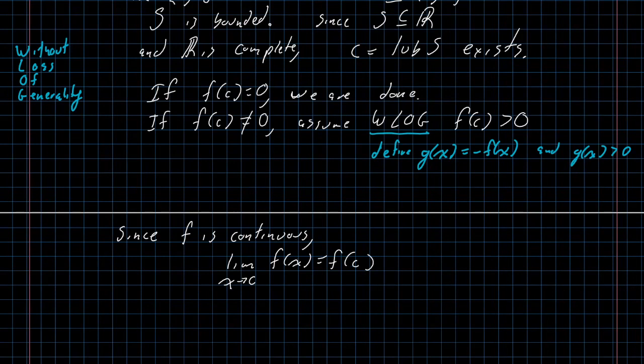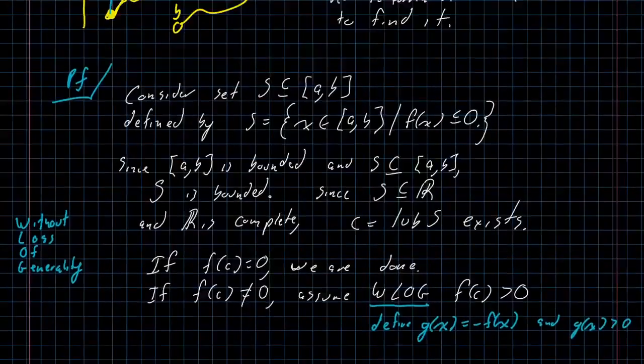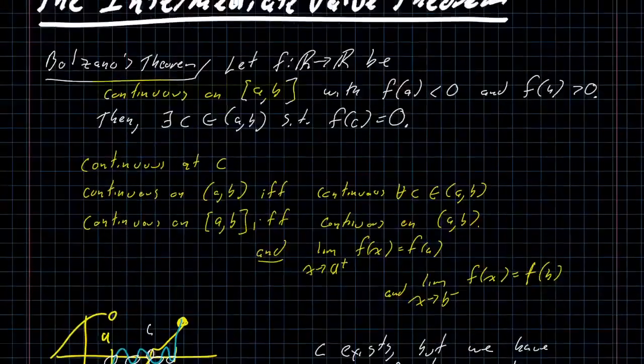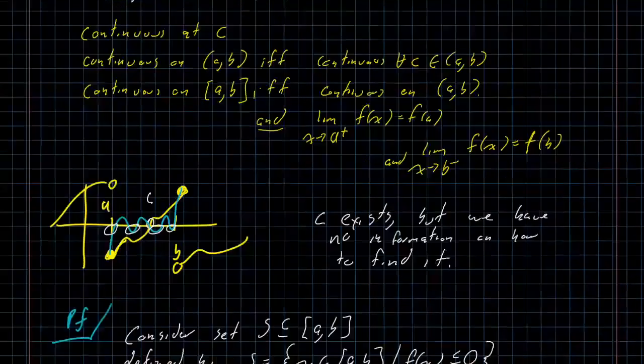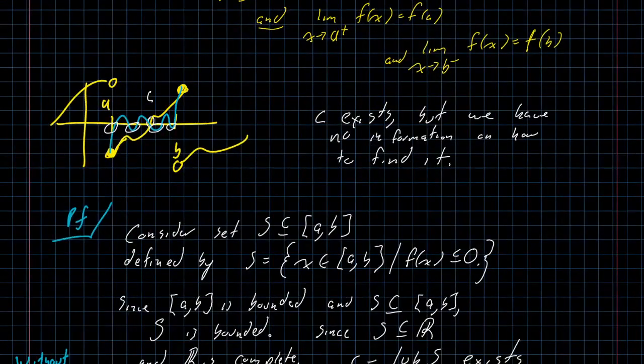We're going to try to use every single thing that we know about this function, and we know a decent bit, right? We know that the function is continuous. We know that f of a is negative, f of b is positive. We looked at just the parts which were negative, and we know that there's at least one thing there, because at least the value a itself is in S.